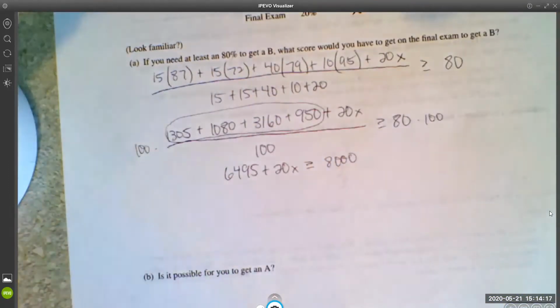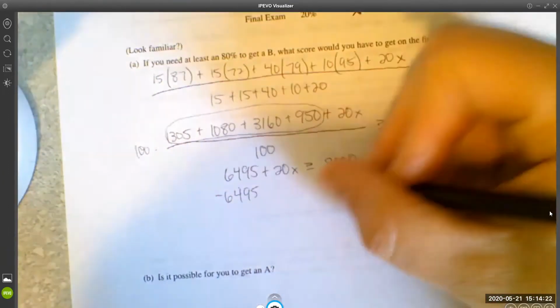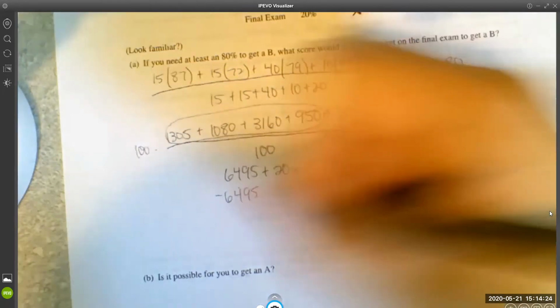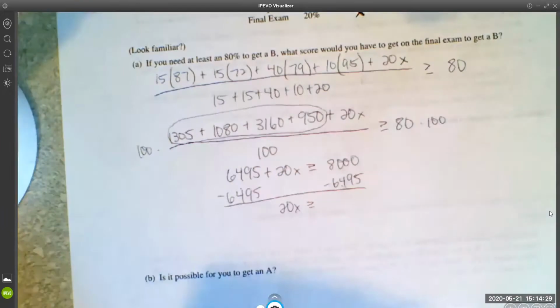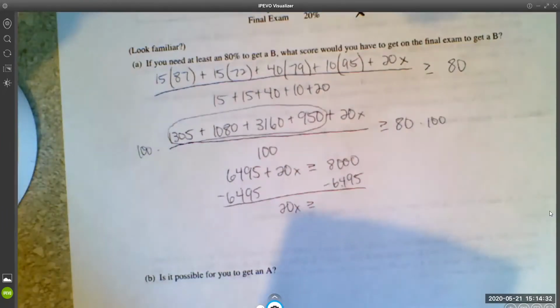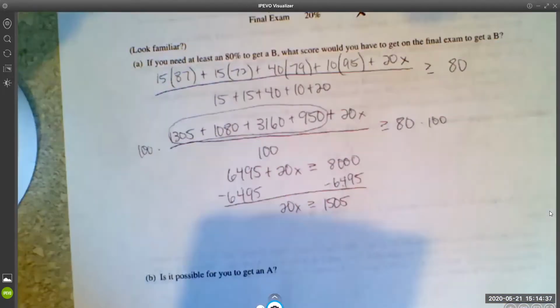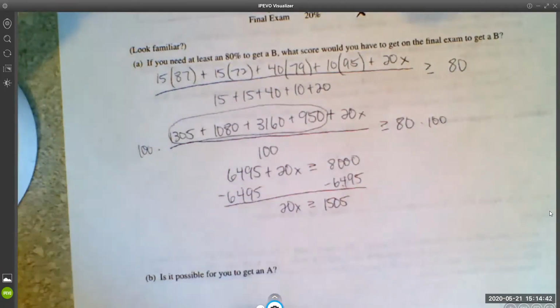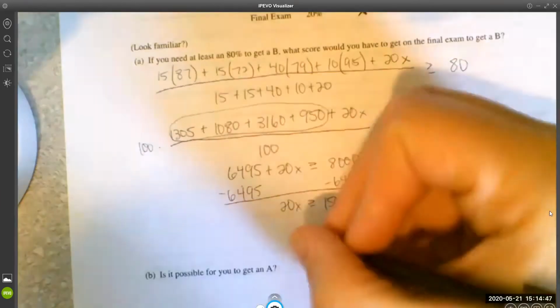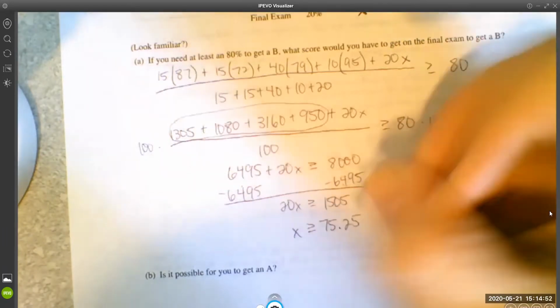Now to finish solving for x, I would subtract 6495 over. And then I would divide by 20, right? And x would be bigger than or equal to 75.25.